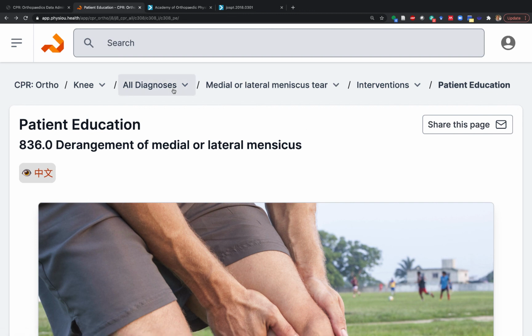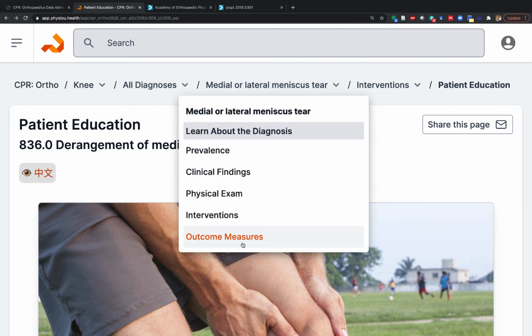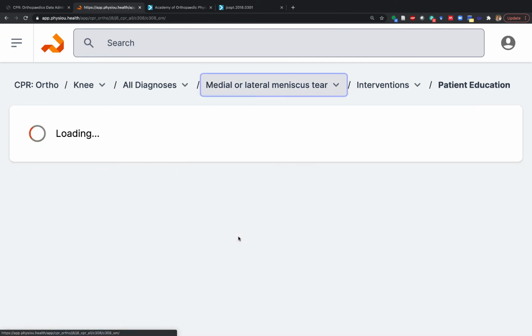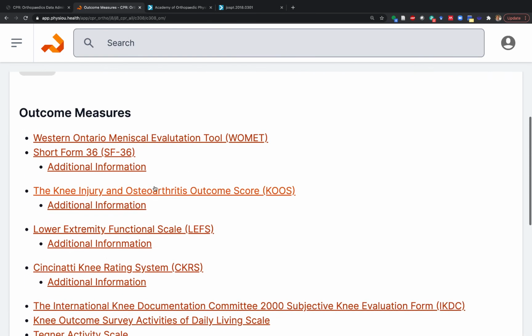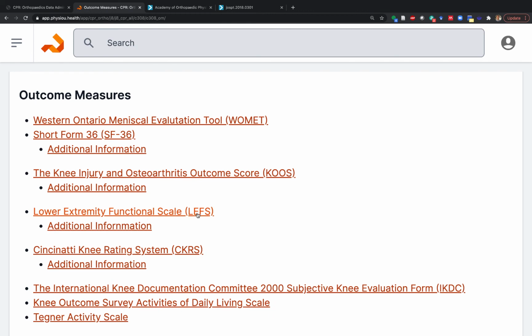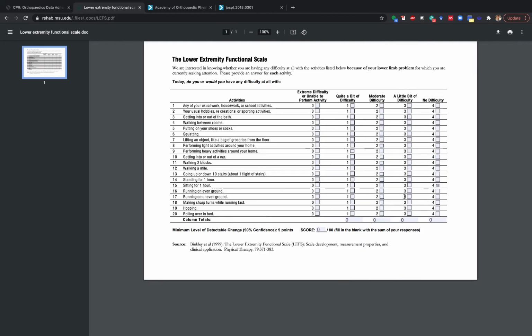Now remember, I'm not going to go through this for all the conditions, but for each condition, there's an outcome measures section. Here are the common outcome measures. Here's the LEFS that you would use with your patients to objectively measure their disability.